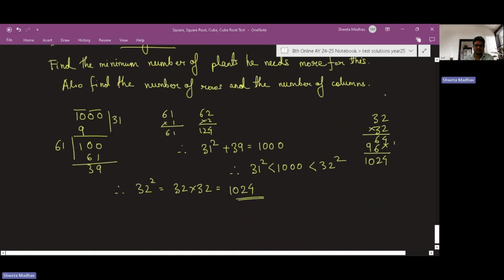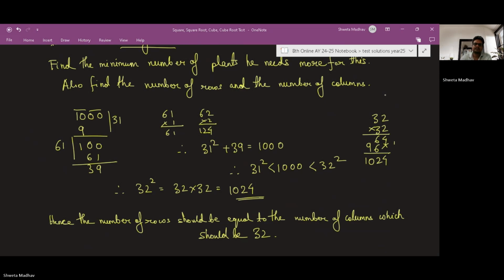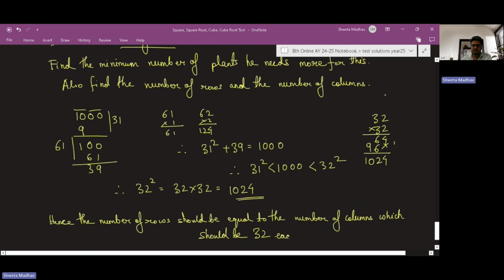So hence we can say that the number of rows should be equal to the number of columns, which should be 32 each.